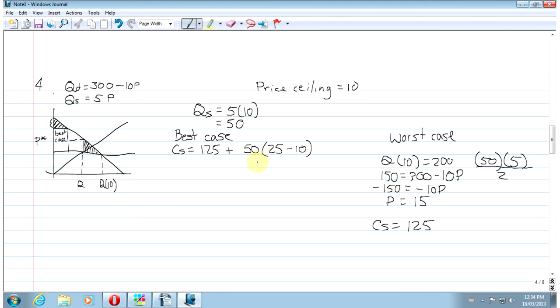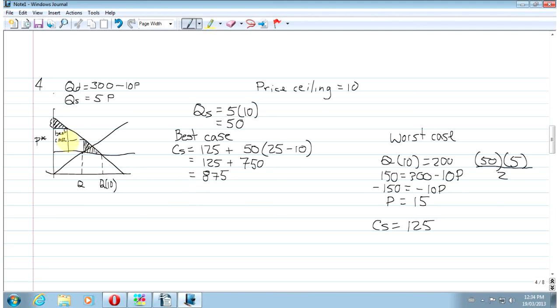Minus 10. $750. So I make that to be 875 is our best case consumer surplus.